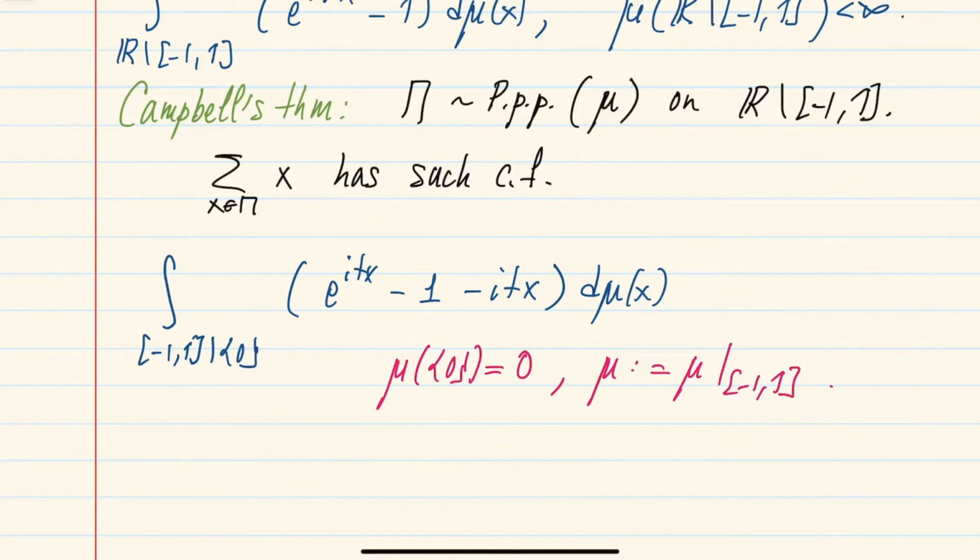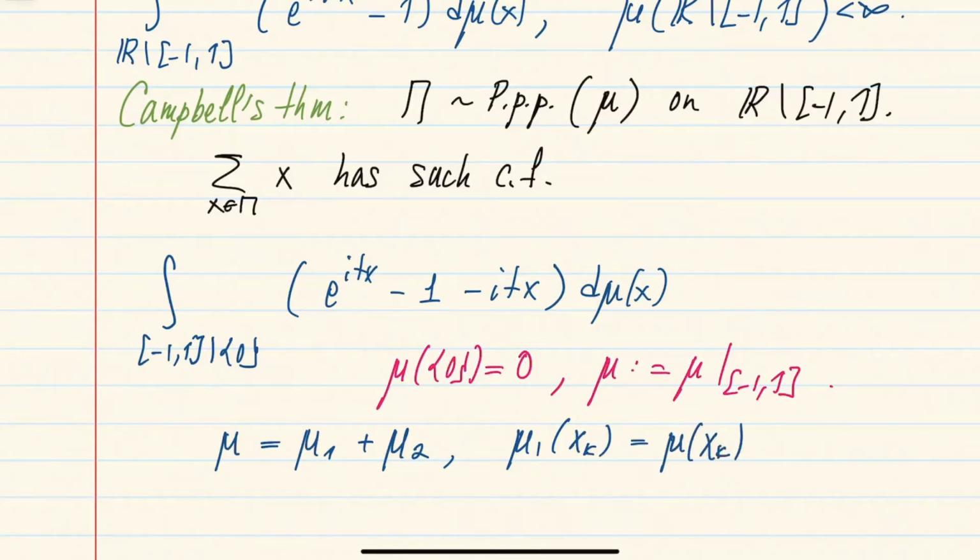And in order to understand what kind of random variable this integral corresponds to, let's decompose the measure mu into a purely atomic part, let's call it mu1, and a continuous part mu2. In particular, mu1 will concentrate on at most countably many points, let's call them xk, with the weight of course just the weight of measure mu on xk, and let's denote those by delta k, for some either finite or countably infinite sequence of points.